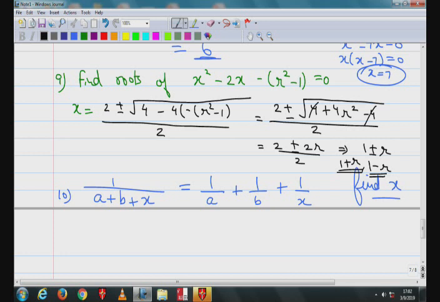Next question is 1 upon a plus b plus x, that is equal to 1 upon a plus 1 upon b plus 1 upon x. Find the value for x. A good question. So if you want the hint, take this 1 by x on the left hand side and then try to simplify.